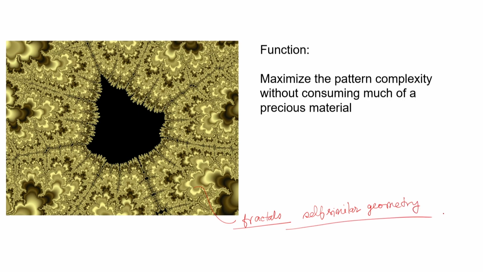Now, here fractals has been used to maximize the pattern complexity, because then the value of the ornamentation will increase, and this has been done without keeping in mind that you are working on the fractals on a precious material like gold or silver. So, without consuming much of the precious material, you have to develop these fractal surfaces. So, that becomes a challenge in terms of the ornamentation or fashion design.